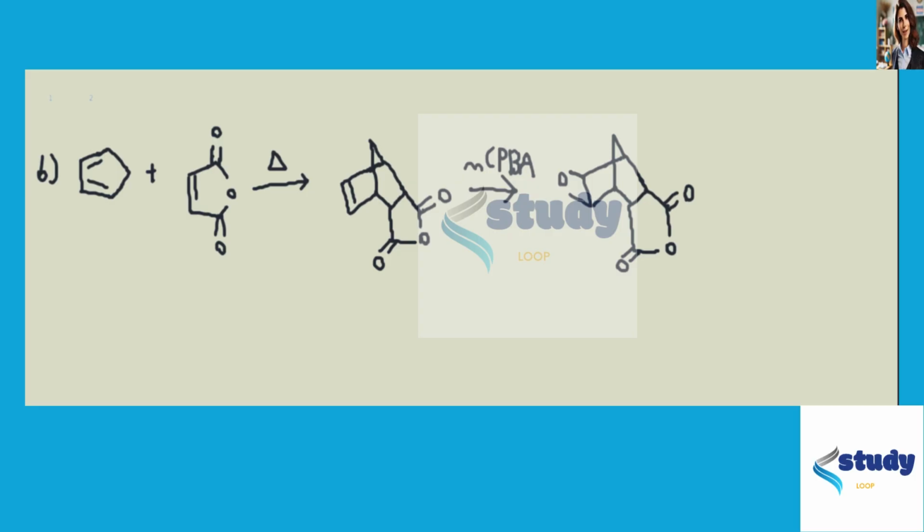All right. And so lastly for C, again, we will start from cyclopentadiene. And again, we'll start with Diels-Alder. So actually, we should use the aldehyde here.